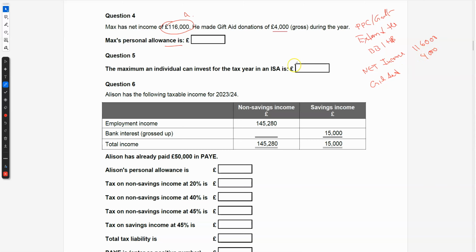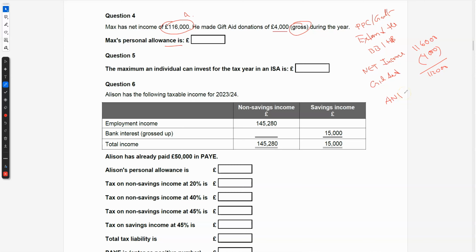If the question gives us net, not gross, for example, if the question said net 4,000, we need to gross it up by 20%. Remember that we always minus the gross. So minus the gross to find the adjusted net income. So that is 112, and we call it ANI, adjusted net income.